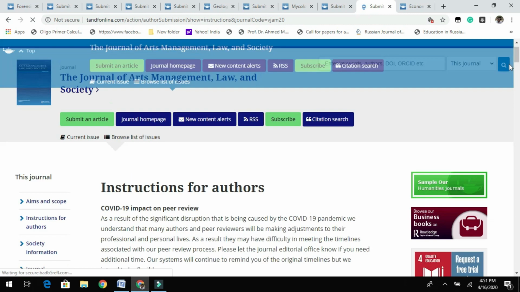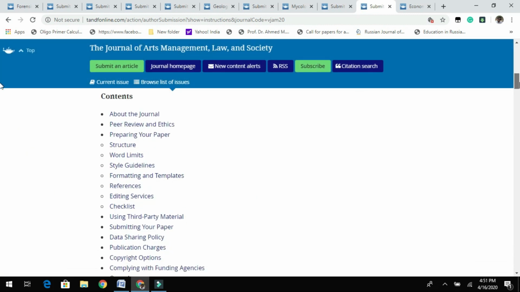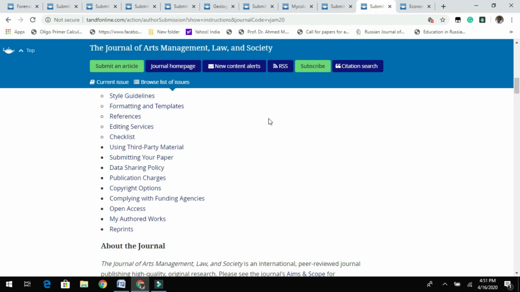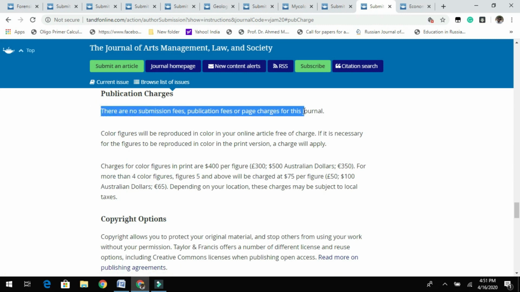So if we go down to the publication charges, there are no submission fees or publication fee or paid charges for this journal.